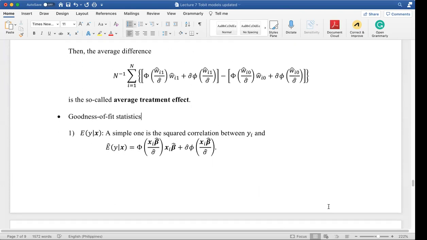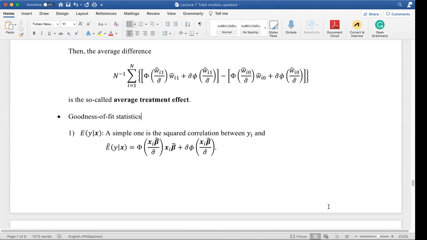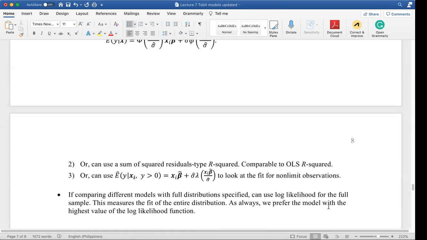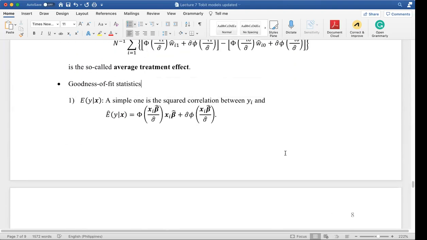Now, how can we measure the goodness of fit of the Tobit model? Okay, so there are various ways of doing it. Okay, one is the simple squared correlation between the actual y sub i, which are 0 and positive values, and the predicted values of the model, which is given here.